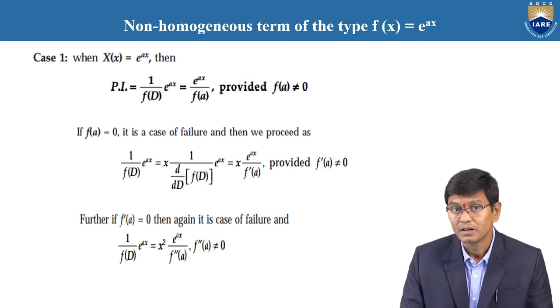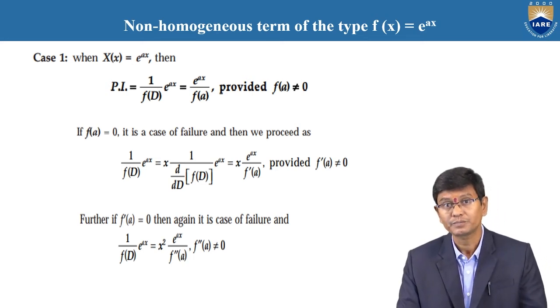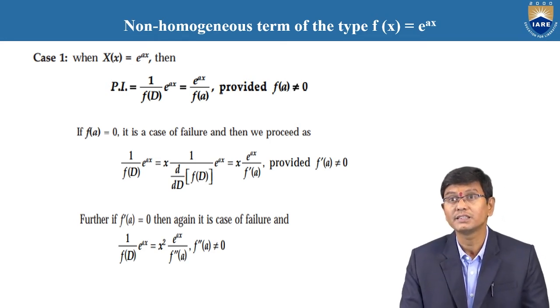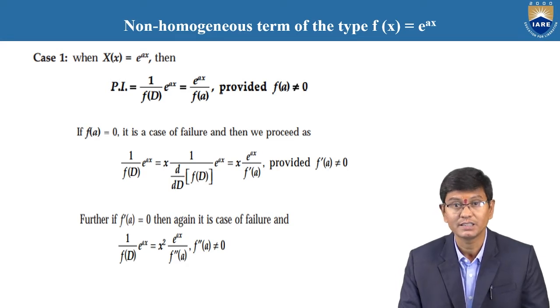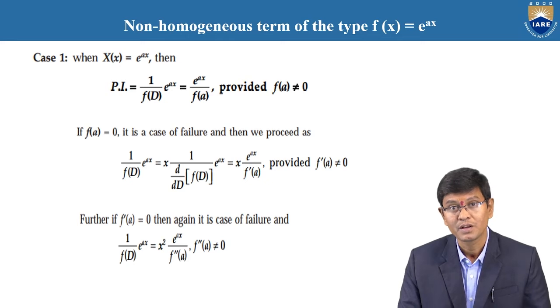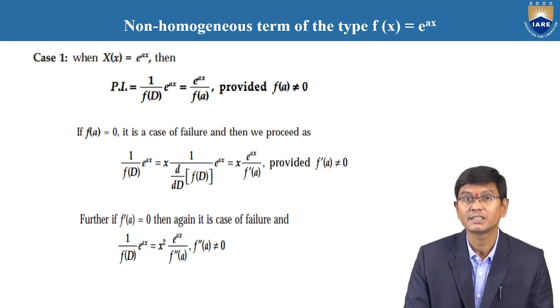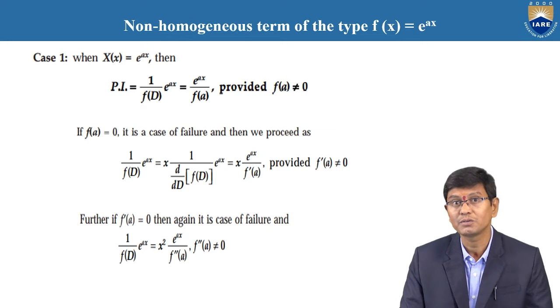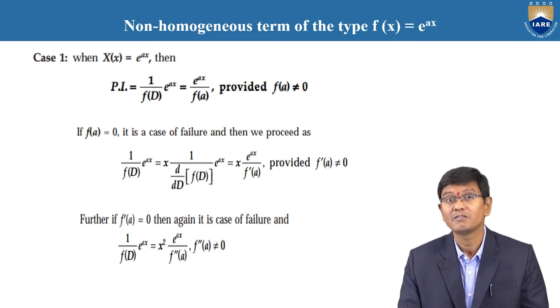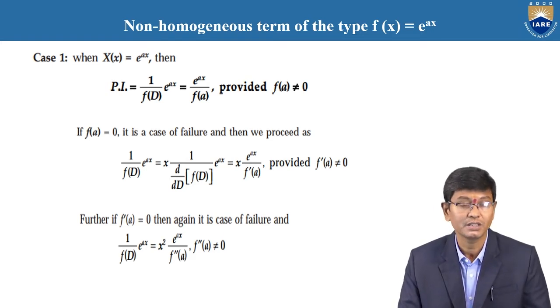That means after differentiating with respect to D, you put D equal to a again. That gives x times e power ax/f'(a), provided f'(a) is not equal to 0. Similarly, if f'(a) is also 0, once again we multiply by x, giving x square times e power ax/f''(a), provided f''(a) is not equal to 0, and we continue this procedure until the denominator is not equal to 0.